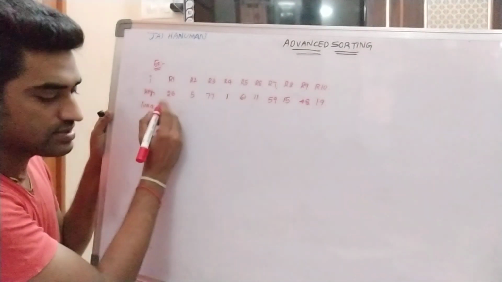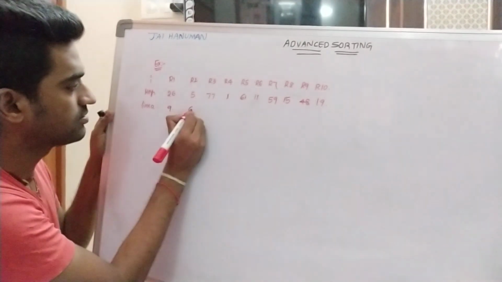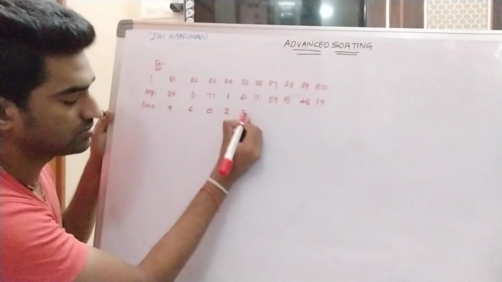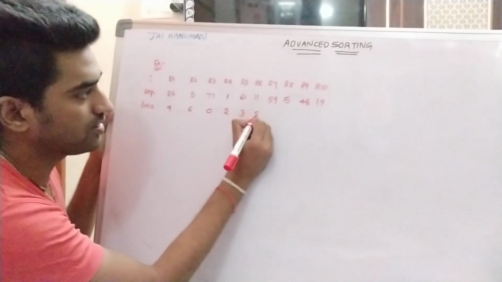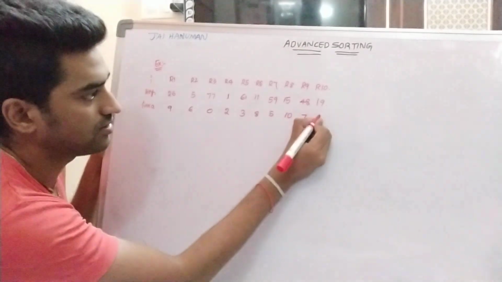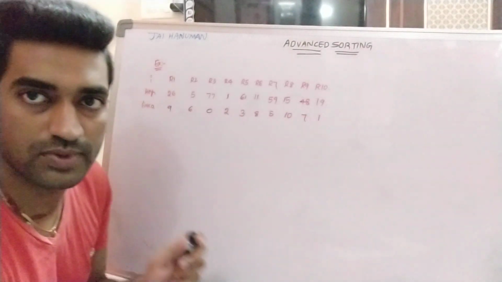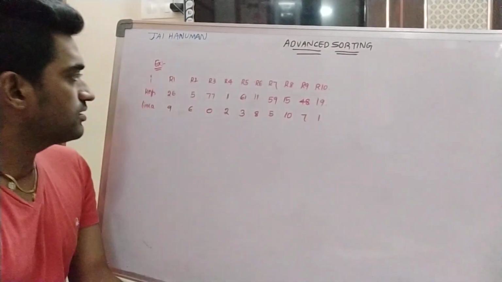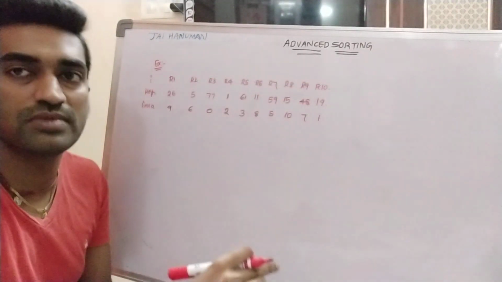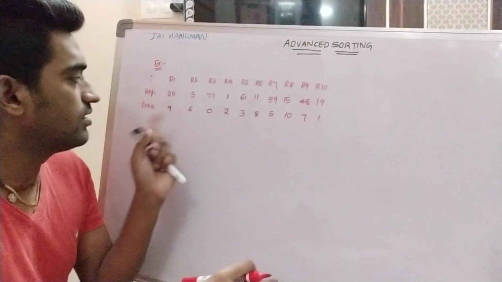So here the links are 9, 6, 0, 2, 3, 8, 5, 10, 7, 1. So this is our example. I am adding some extra field to the list of elements, that is link A.